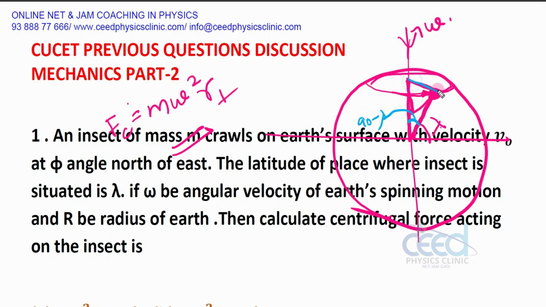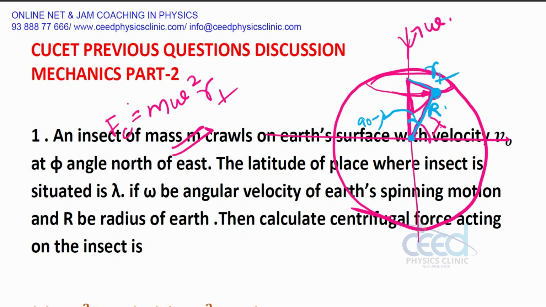Now this r perpendicular, this distance, is the radius, right? The insect's position is on the earth surface only. So from earth center to any point on the surface, that is the radius only.